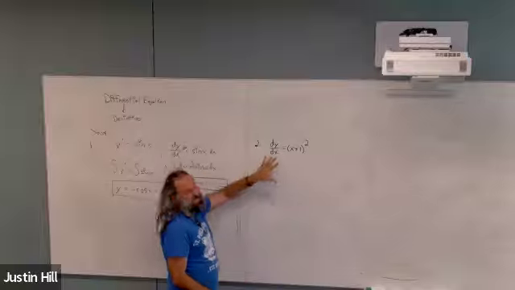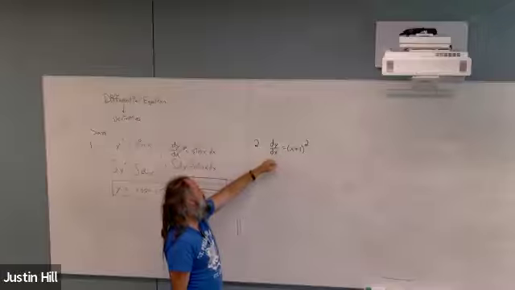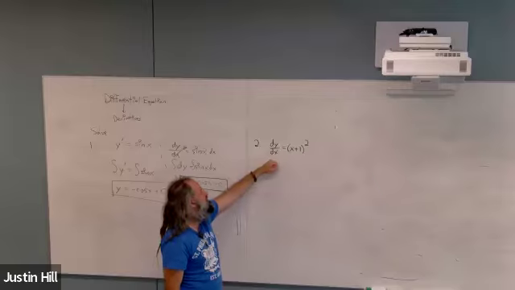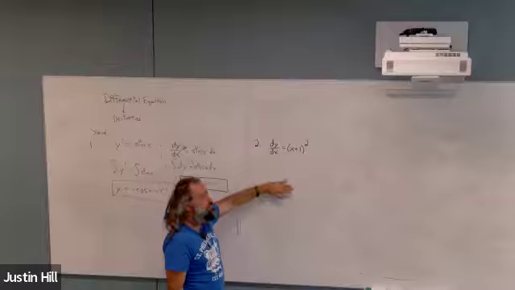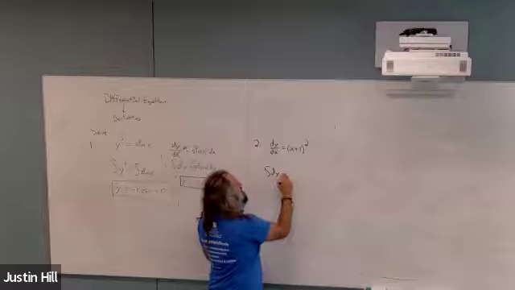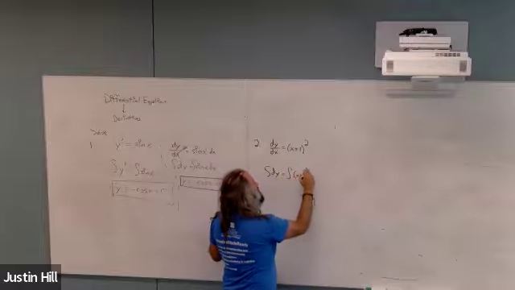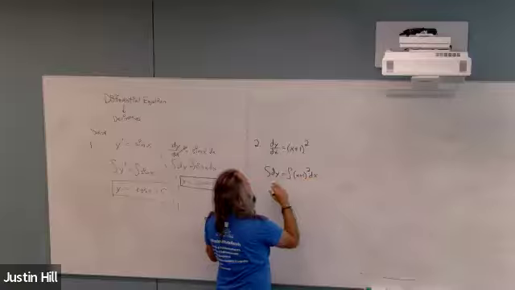Easy enough. The point of this is for you to see that if we've got an equation where the derivative is isolated, then we just integrate and go. So rewrite this as the integral of dy equals the integral of (x plus 1) squared dx.